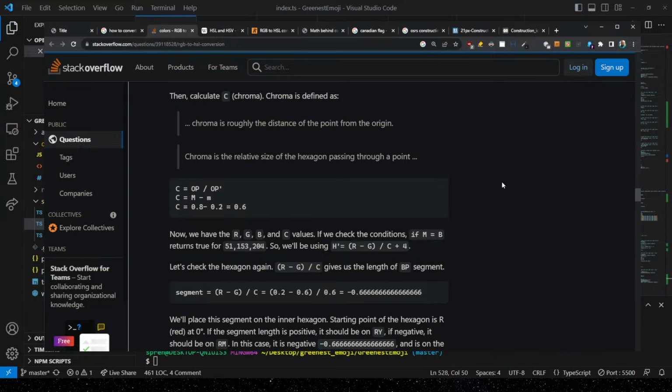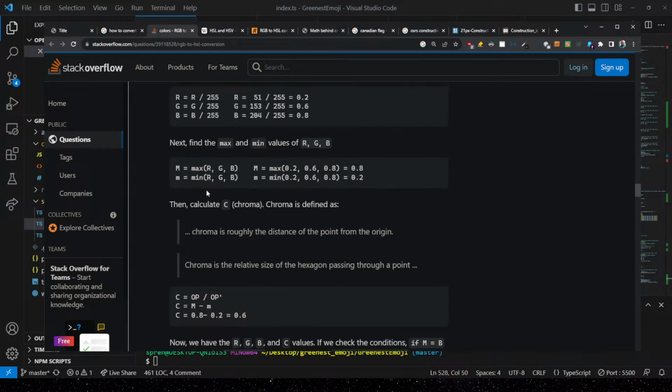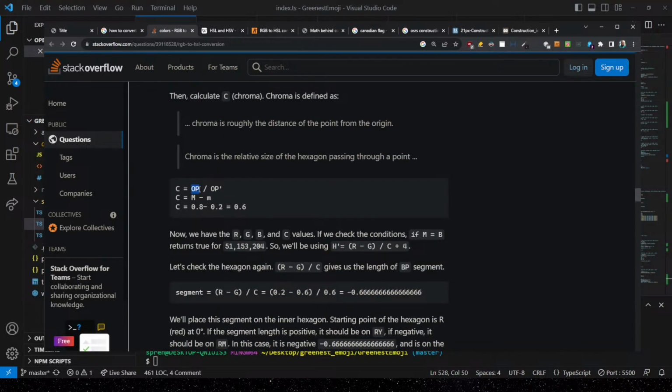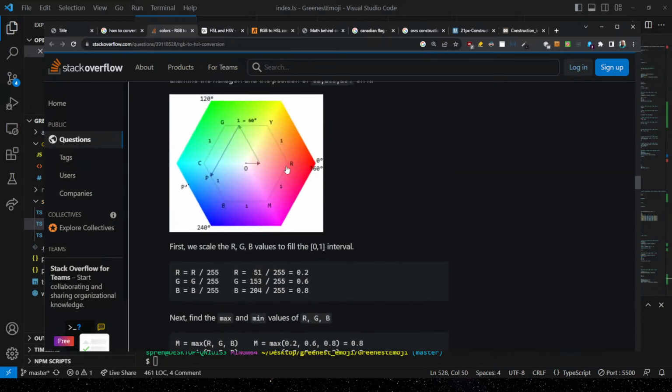We have 3 definitions for chroma. We could say it's OP divided by OP prime. This seems needlessly confusing.